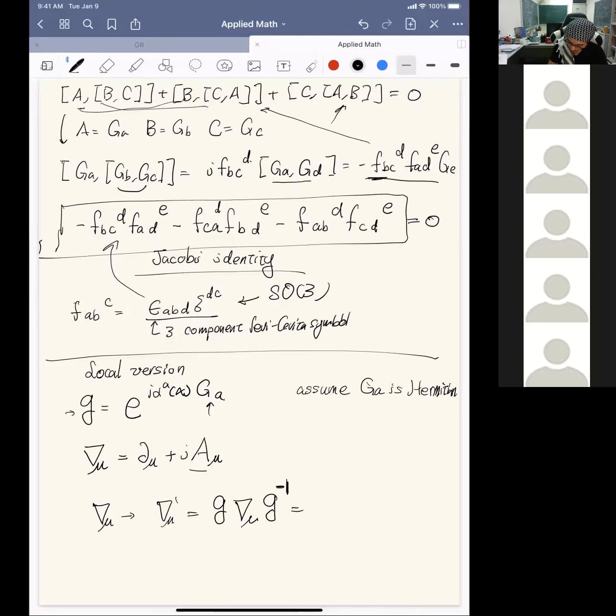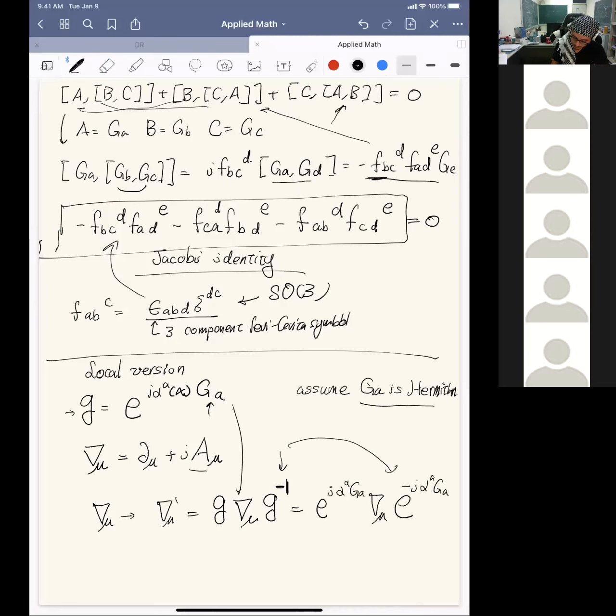So I can just plug this in here. I have exponential i alpha^A G_A, D_mu, times exponential minus i alpha^A G_A. The reason that the inverse is just a minus here is because my G_A is a Hermitian matrix.